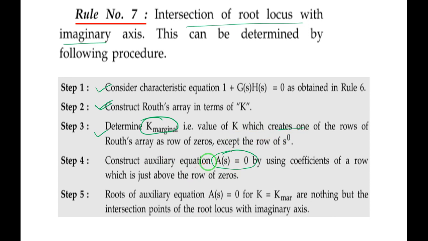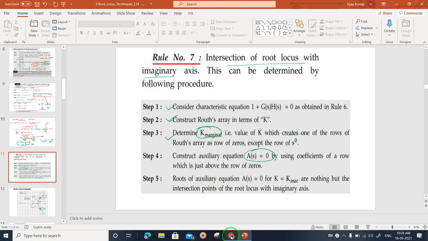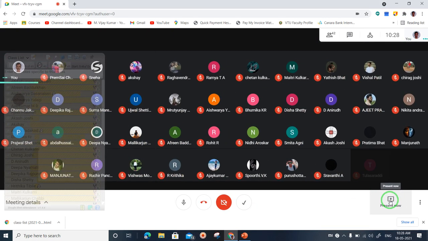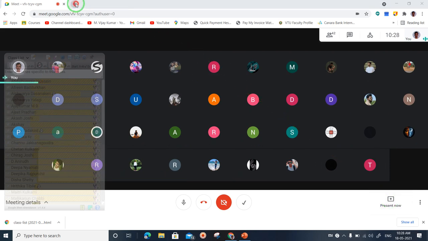Excuse me, sir. Yes, tell me. Your screen has stopped presenting, sir. Present your screen, sir. One minute. Now it has happened, or long back? Just now, sir. Okay, once again let me check it. One minute. I don't know what happened, but the net connection is there. Let me check it.